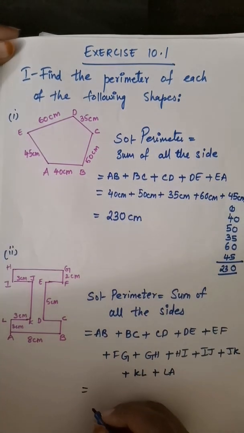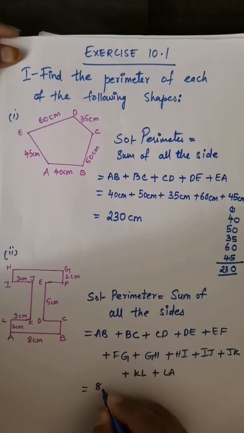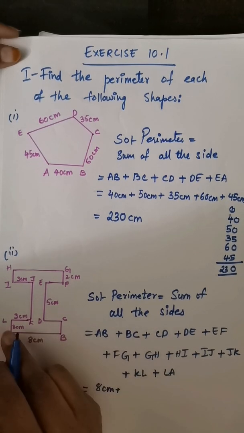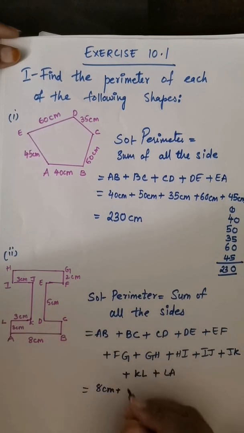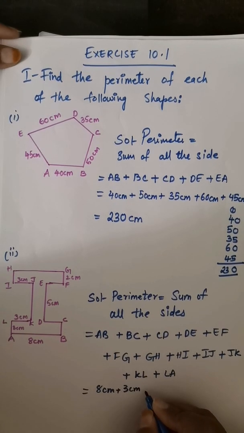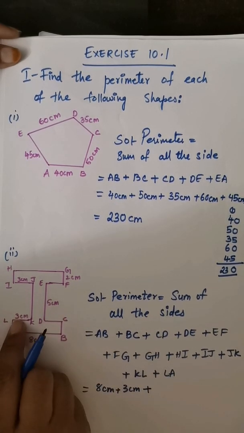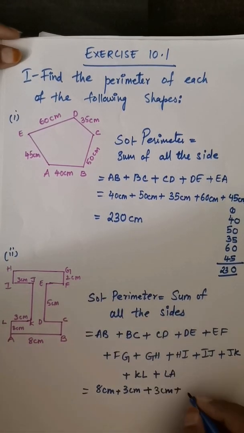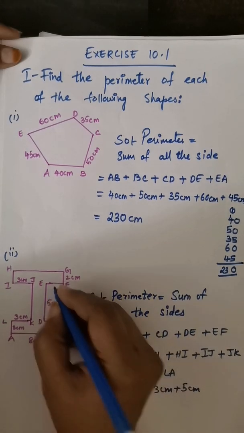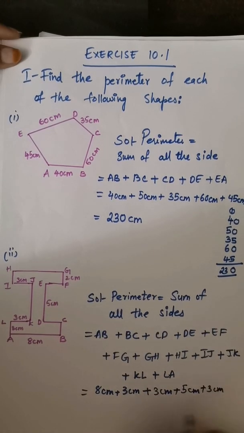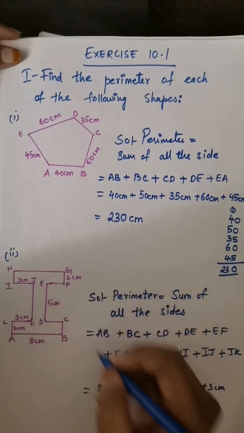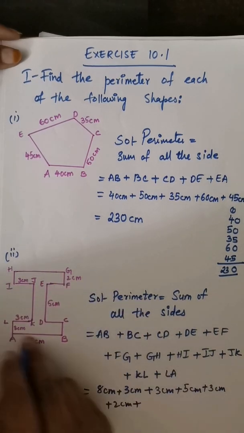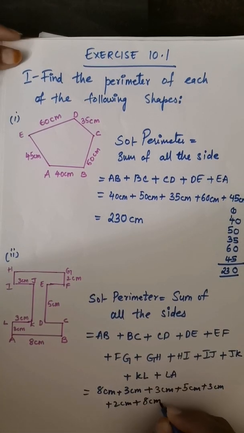Come on, we'll write the measurements now. AB is 8 centimeter plus. Now this is how much? CB. Now this side is not given, but this side is given, so this is 3. So this will also be 3 centimeter plus. Now this side is not given, but this is equal to this, so this is also 3 plus. This is 5. This is 3, so this one will also be 3. Then this is 2. Then this one is 8, so this one is also 8.